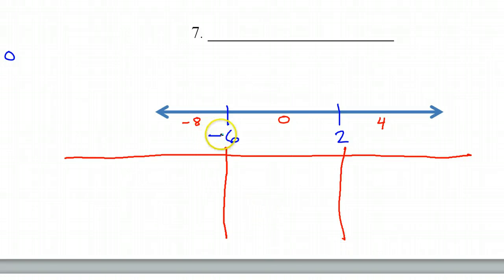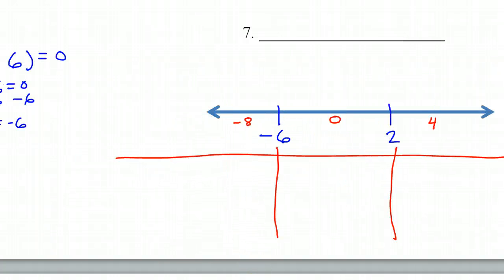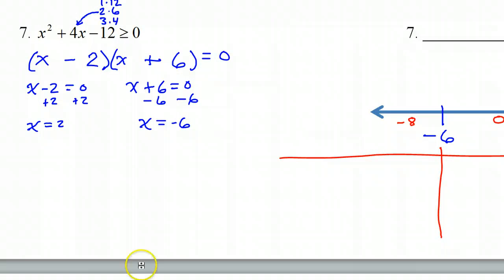So in this area I will calculate with negative 8, here I'll do 0, and over here I will do the 4. Remember, what I'm dealing with is x minus 2 and x plus 6. Let's do the negative 8 first.